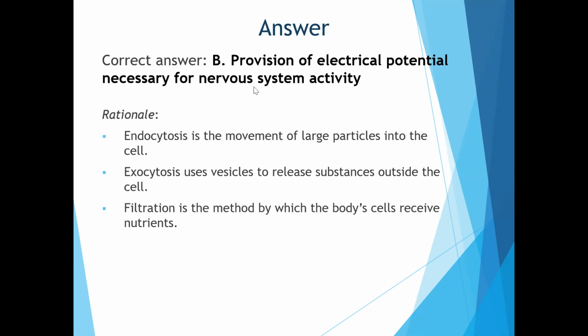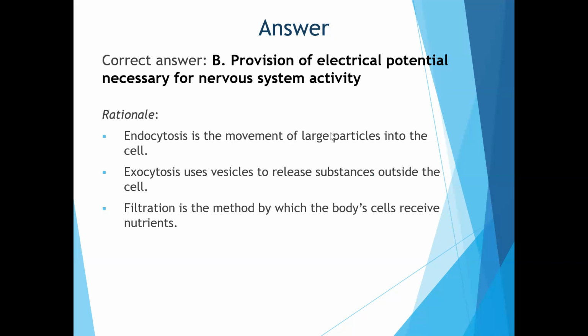The answer is B. It's provision of electric potential energy necessary for nervous system activity. I know I said that a few times, so I hope you guys got that one. So remember, endocytosis is movement of large particles into the cell. Exocytosis uses vesicles to release substances outside of the cell.